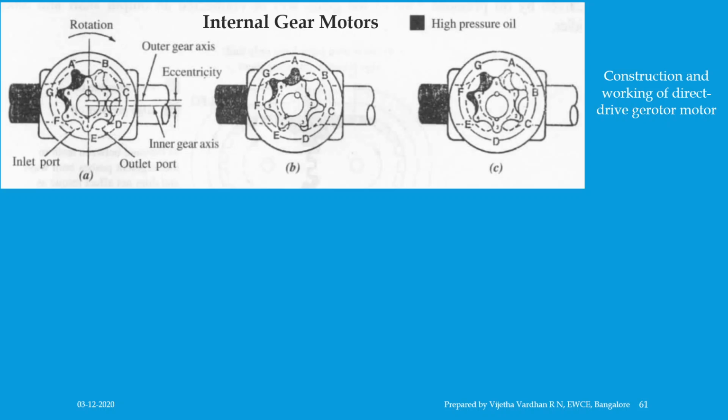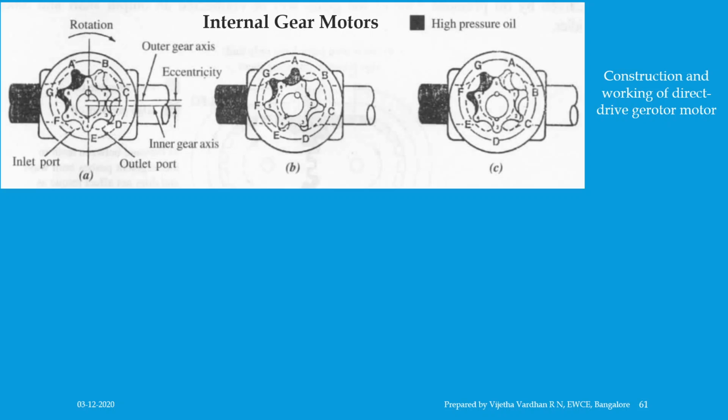Upon working, high pressure oil enters the motor through the inlet port, which you can see in figure A. Since the inner gear has one tooth less than the outer gear, a pocket is formed between the two internal teeth and an outer socket.